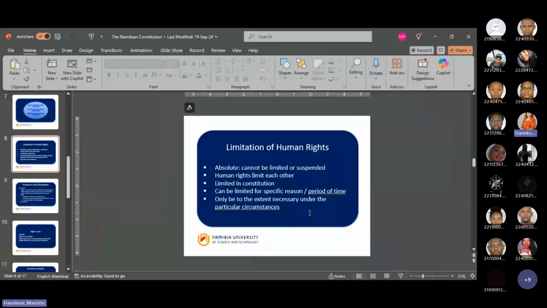But the Constitution provides that if human rights are limited due to specific reasons, the limitation must be as small as possible. They can only be limited to the extent necessary under the particular circumstances.